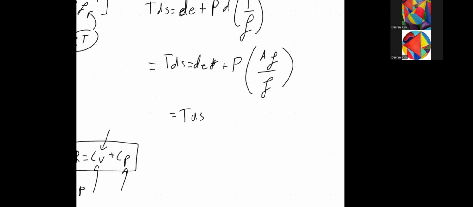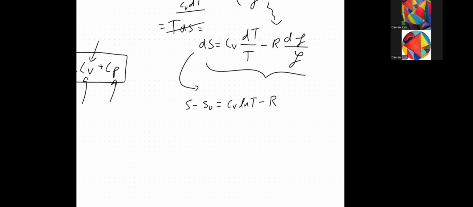So TdS equals dE plus P times d of density divided by density. And now we put those into CV dT, and this goes into minus R d rho over rho, minus R ln of rho.